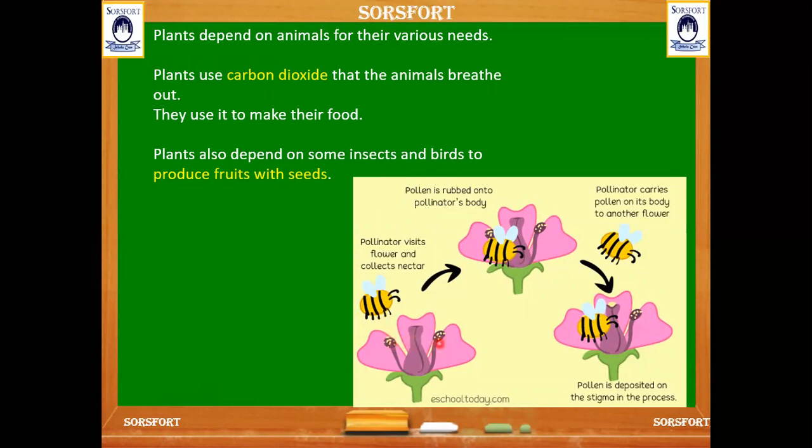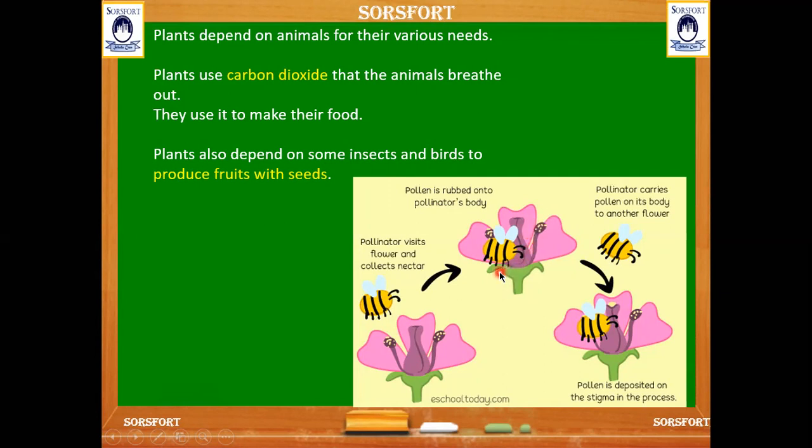When they sit on the flower, the grains touch the bee's legs, and if it goes to another plant, it carries the pollen grains, and when it sits on the other flower, it touches the pollen grains to that flower. This helps the flower develop into a fruit.